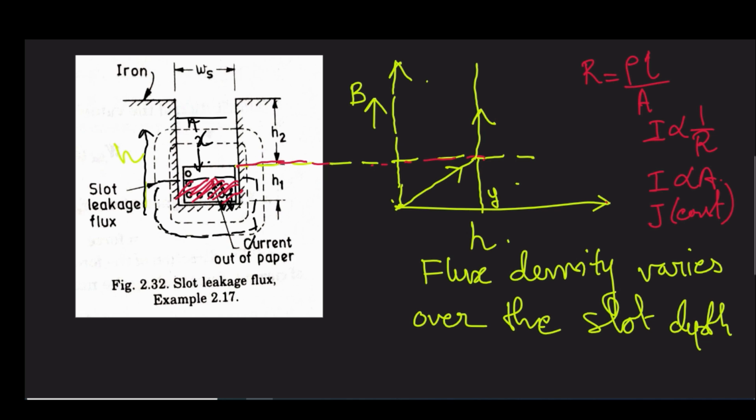So even if you move in this direction, your B, I have drawn a wrong curve. It is like this, right? So till Y it is increasing.